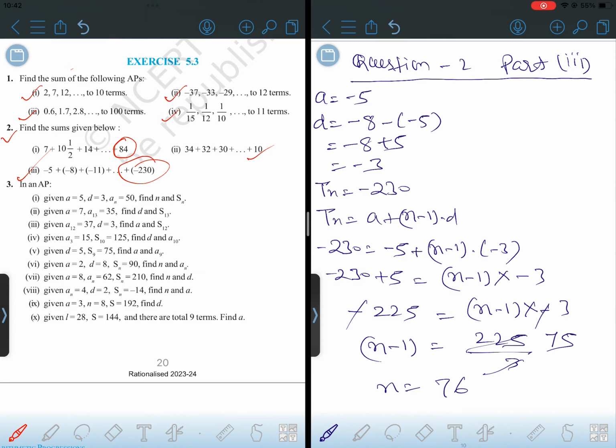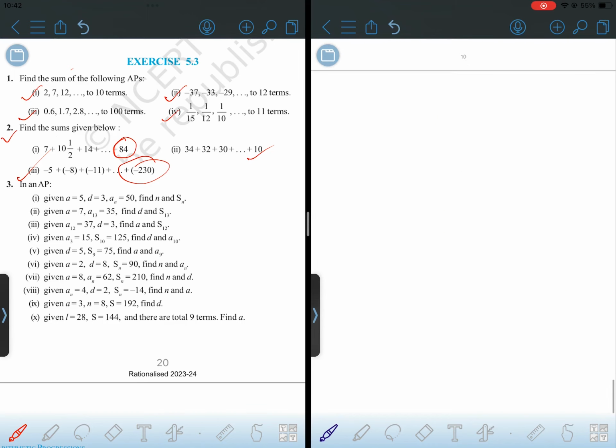So now we have got the value of n. So then we can find out the sum of the AP also. So we can use the same formula to find out the summation of the AP. So that is Sn is equal to n by 2 into (a plus l). l means last term, right? So the value of n is how much?